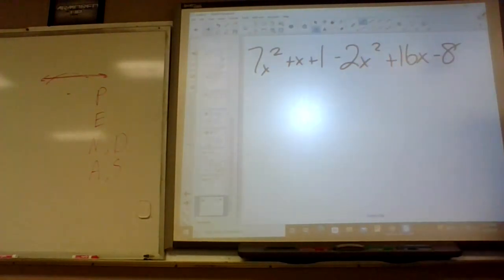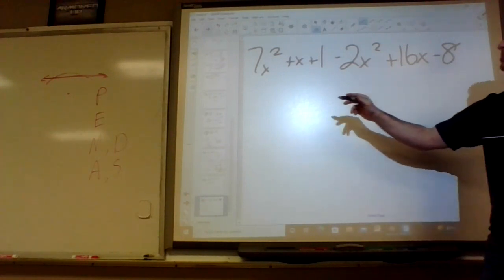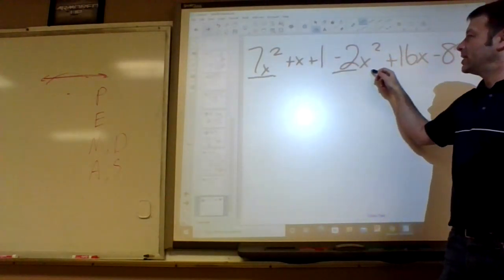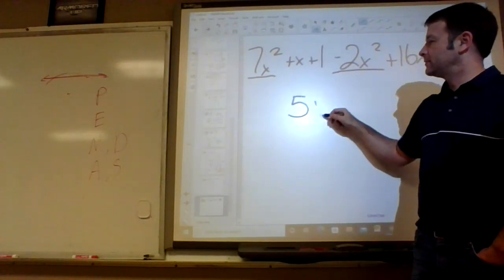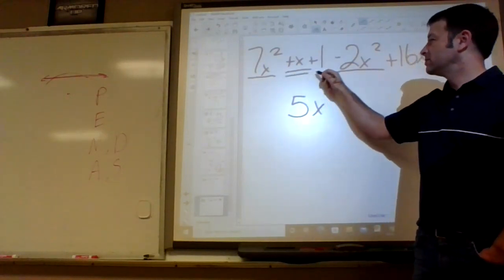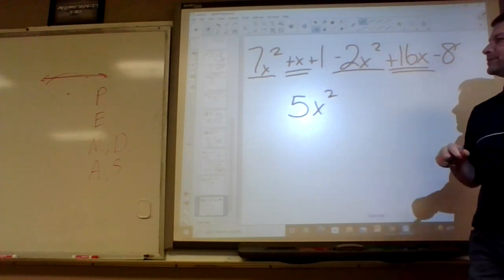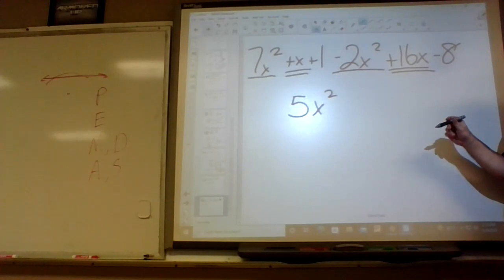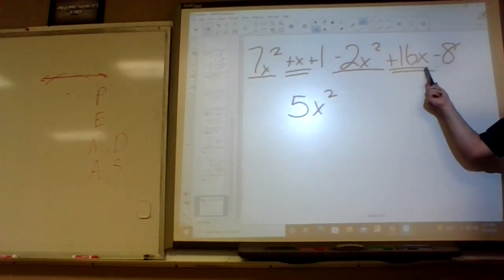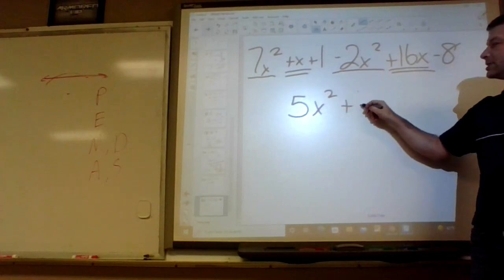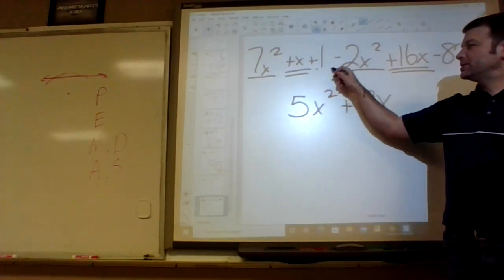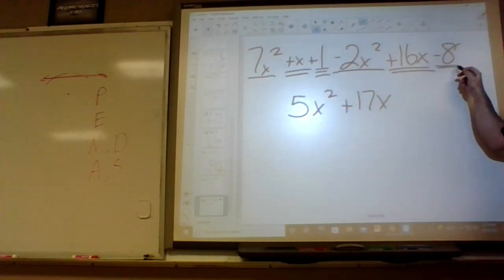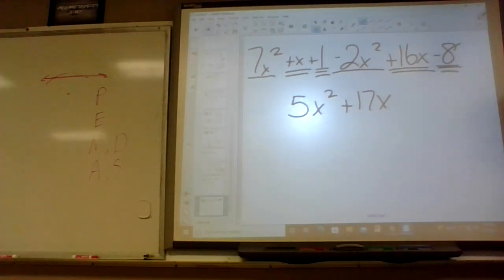Now you can add the like terms together. 7x squared minus 2x squared is 5x squared. Plus x plus 16x is 17x. And then I see a plus 1 and a minus 8. That's negative 7. Yeah, that's it.